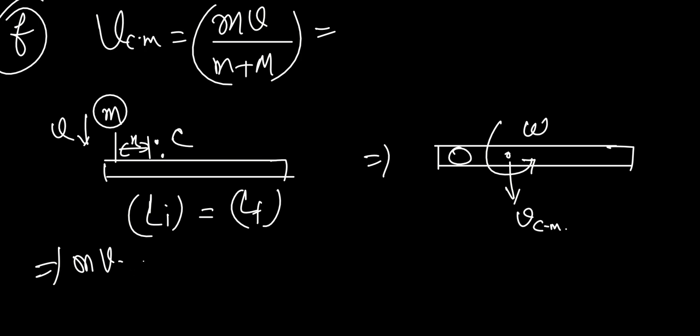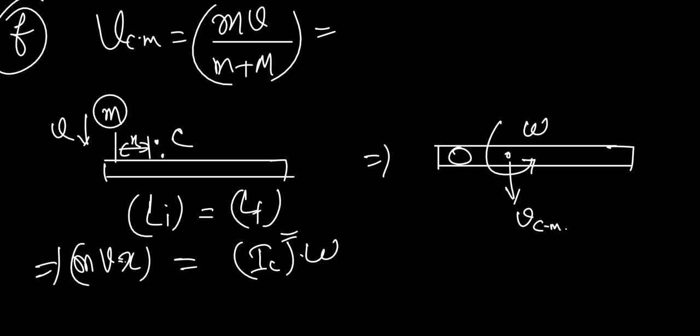into x, m into v into x. This is the initial angular momentum, and the final angular momentum is I with respect to C into omega.